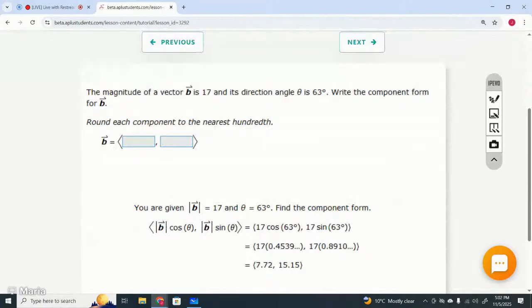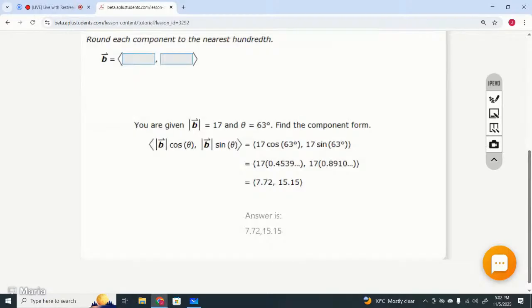What is the component of vector B? So we have to do B cos theta and B sin theta.